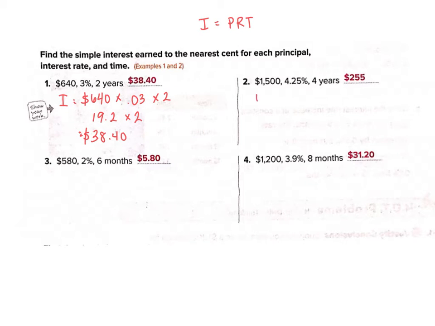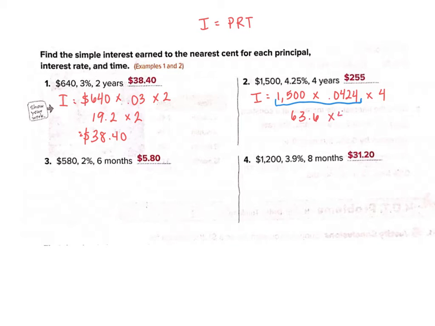For number 2, I'm solving for I again. I know the principal was $1,500. The percent I'm going to write as a decimal, 0.0425, times the number of years, which was 4. Taking this in chunks, I first multiply 1,500 times 0.0425, and I get 63.75.